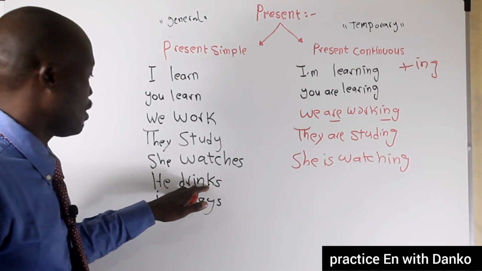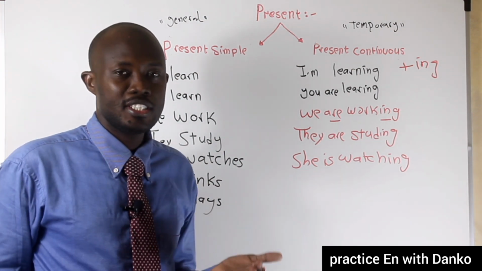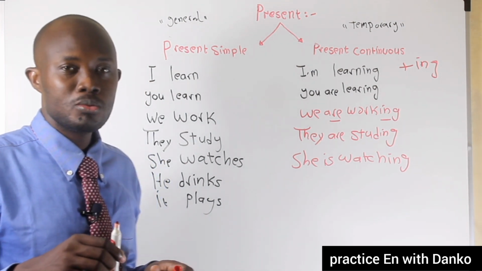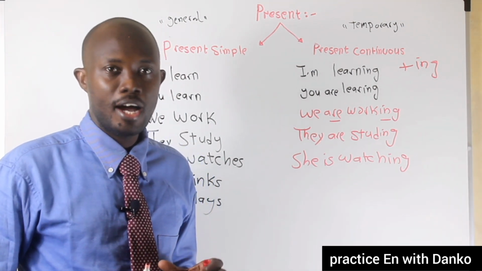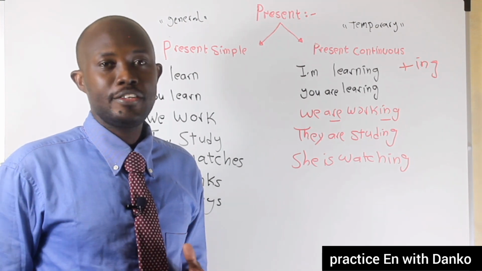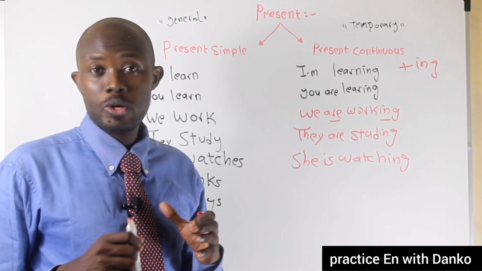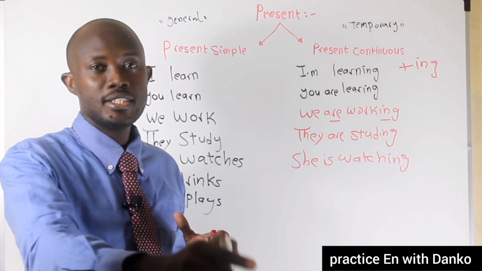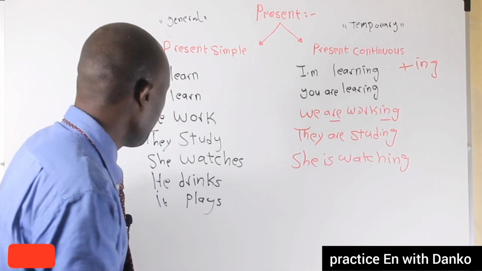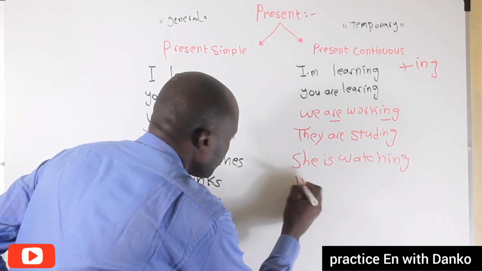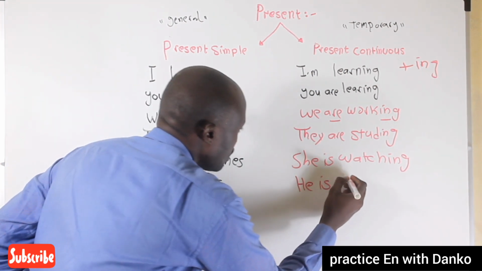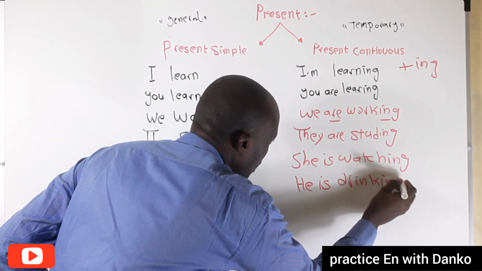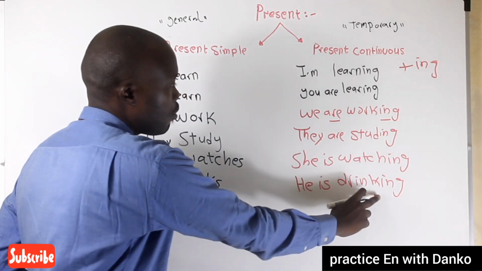He drinks. That's in present simple. But if he has his cup to drink tea or milk right now, we're going to tell others about the action that is happening, to point at him and say he is drinking. It becomes he is drinking.